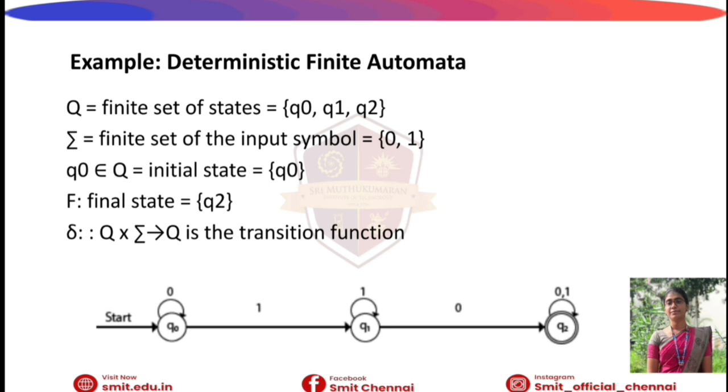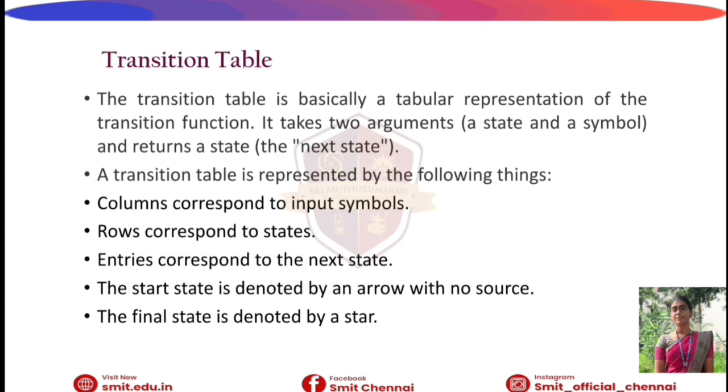Q1 accepts 1 as input and goes to itself, and Q1 accepts 0 as an input and goes to Q2. Q2 accepts 0 and 1 as inputs and goes to itself. Here Q2 is the final state, so it has two circles.